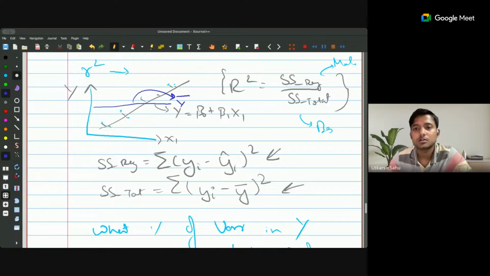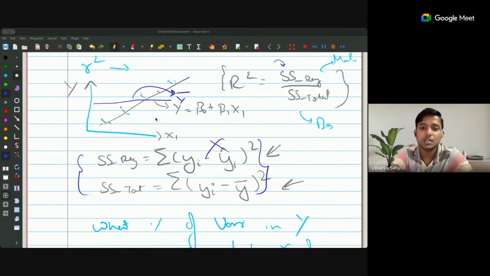Yeah, but this regression and total thing, you should remember: what is the correct notation and what is going to happen. So basically the main idea was the definition of r square. R square is how much your model is better than the baseline model. So remember this. What is your regression thing.